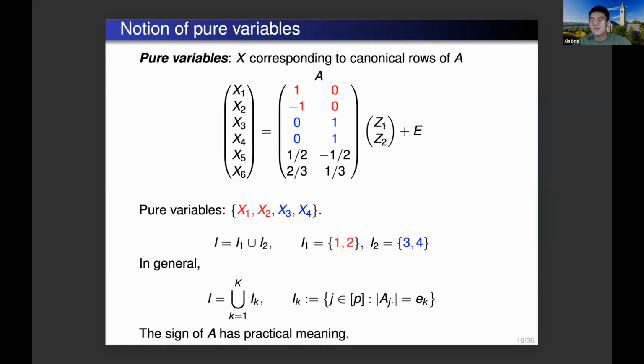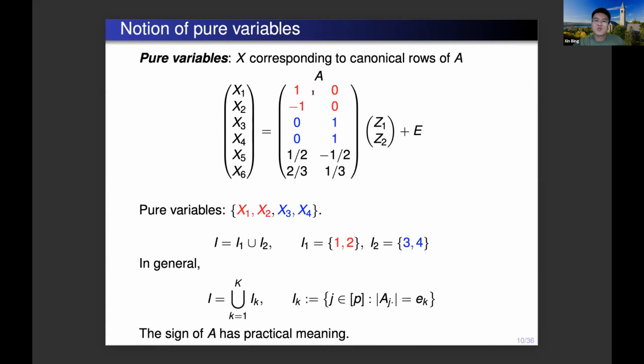And depending on which latent factor they are associated with, we can further partition these pure variables into 2 groups based on the latent factor Z1 and the latent factor Z2. And in general, when we have K latent factors or K groups, the pure variables can be further partitioned into K parts.